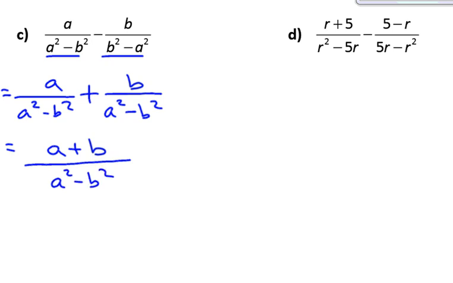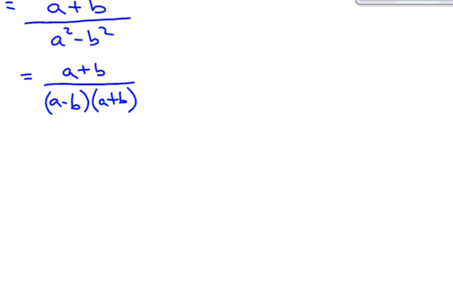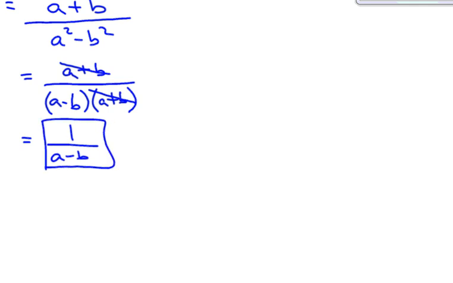A squared minus b is in the denominator. And now a squared minus b squared is a difference of squares, which factors into a minus b times a plus b. So then the a plus b's cancel, leaving a 1 in the numerator and a minus b in the denominator. Okay, last example.